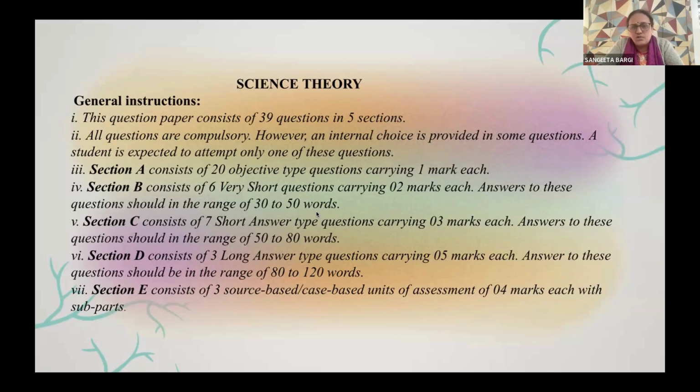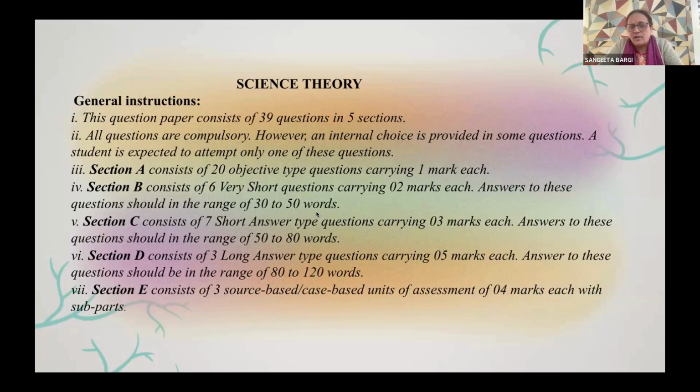Section B has very short answer questions, 6 questions carrying 2 marks, which should range within 30 to 50 words. Section C has 7 short answer type questions carrying 3 marks. Sometimes it will be a complete 3-mark question, or it may be divided into two questions carrying 1 mark and 2 marks.